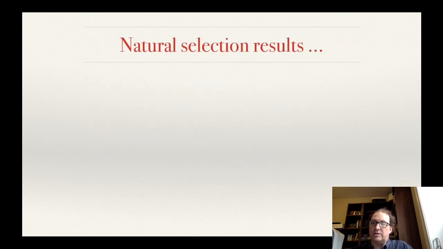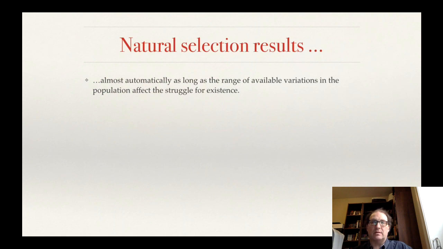What's interesting and what Darwin is able to see is that when you combine the struggle for existence with variation, something really interesting happens, as long as the available variations affect the struggle for existence.